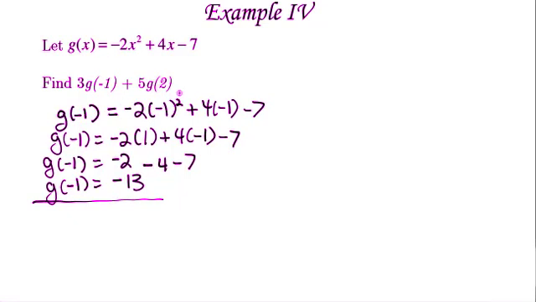Next, in order to find this expression, I need to determine what g of 2 is. So I'm going to go back and do the same thing. I'm going to substitute in this value for x. Therefore, g of 2 is negative 2 times 2 squared plus 4 times 2 minus 7.